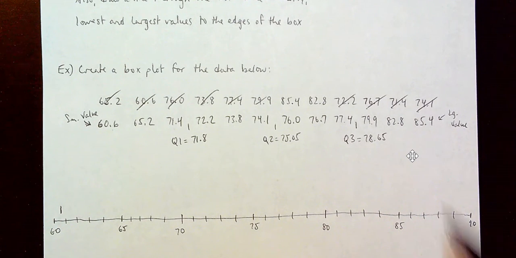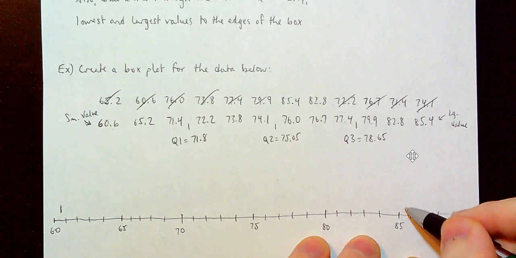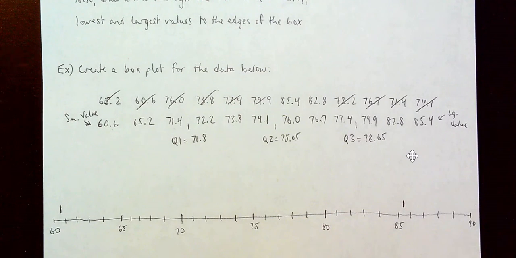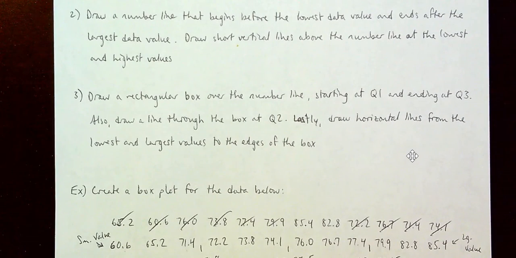And then my largest value, 85.4. So I'll say about there. It's pretty close to 85 and a half. So that was step 2 that we did. We drew our number line and we plotted the smallest and largest values.